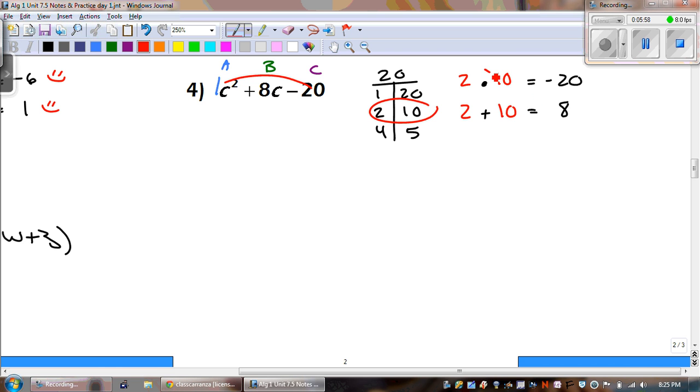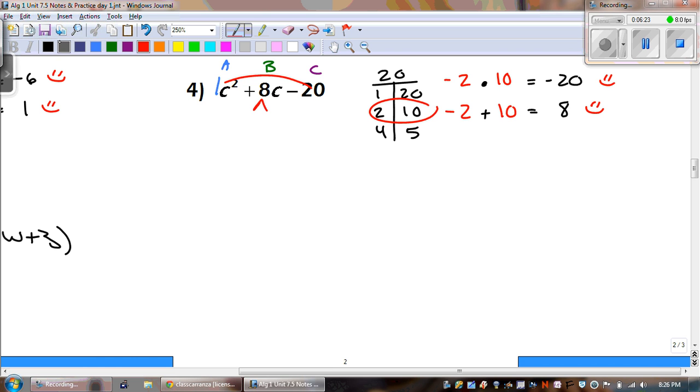So is it negative 10? Well, that works here, but 2 plus negative 10 is a negative 8, so nope. Negative 2. Negative 2 times 10 is negative 20, and negative 2 plus 10 is a positive 8, okay?